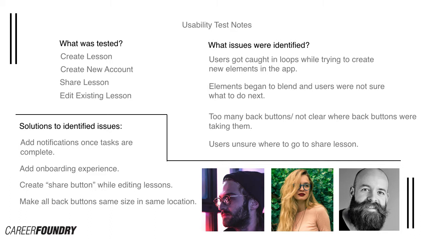And a lot of it was going back and forth between different actions on the app, and they were unsure where to go for certain things, such as sharing a lesson, beginning a new lesson, creating new cards, etc. So what can I do to fix these issues?